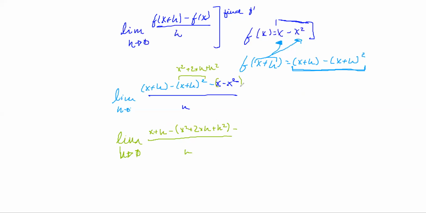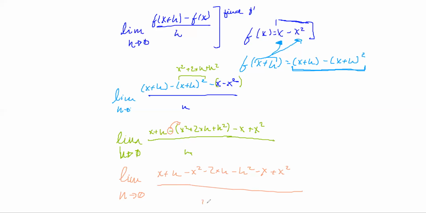Minus, and so this is in parentheses, so minus x plus x squared, all over h. So now because I've got addition, I can get rid of these parentheses. So I'm going to say when h goes to 0, x plus h minus, I have to distribute this minus sign. So x squared minus 2xh minus h squared minus x plus x squared. All right, all of that over h.